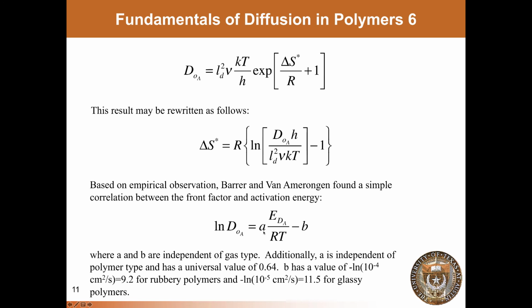The parameter A was found to be independent of polymer type. It has a universal value of 0.64, and B was found to depend only on whether the polymer was flexible and rubbery or whether it was glassy, and so there were two different values for B.